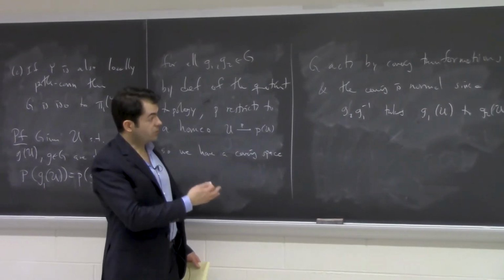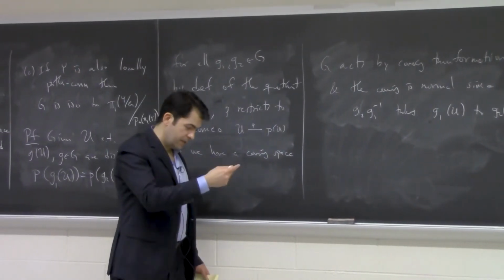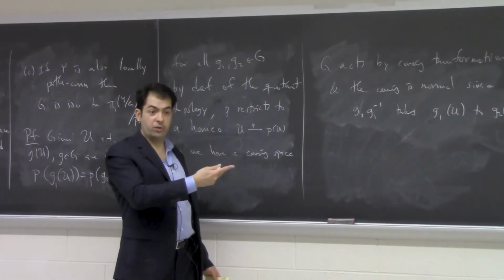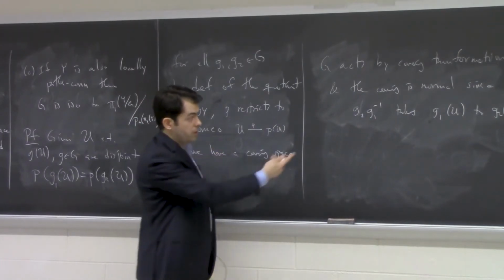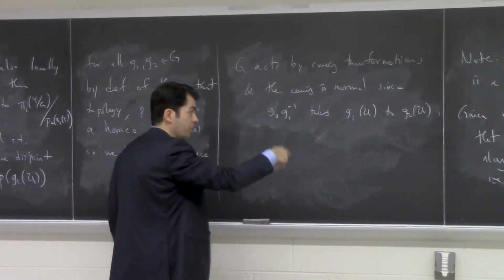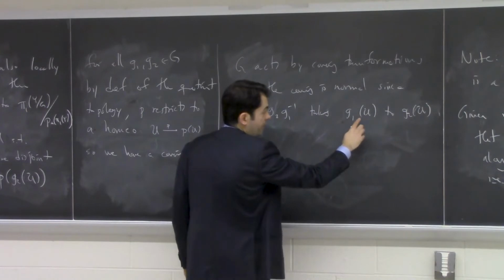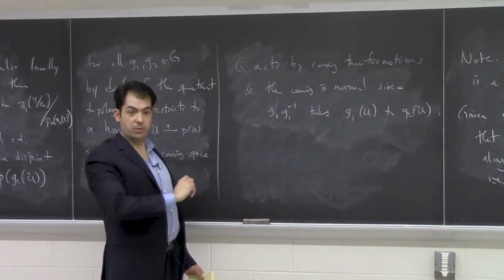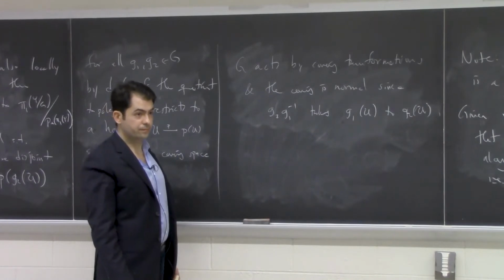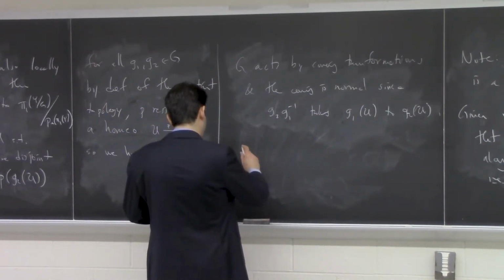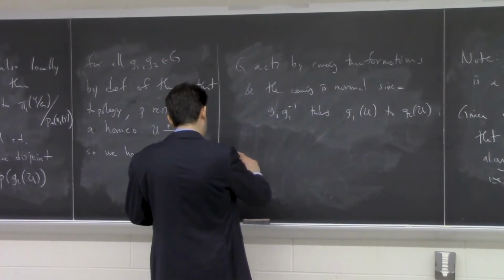Geometrically, what you need to check is that every two points on the fiber can be connected by a deck transformation. It's easy here because two points on the fiber above U, in fact the whole neighborhood, is taken to this neighborhood by this element.